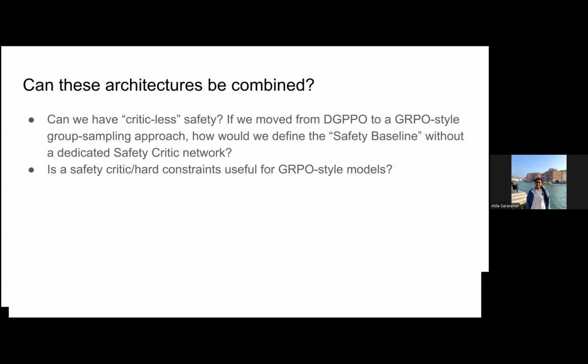It could be safety again, or something else. And if we do so, how would we do so? How would you actually impose this CBF concept into a GRPO structure? These are questions I don't have answers to. It's open to the group in case you have ideas, especially from people who proposed the idea.